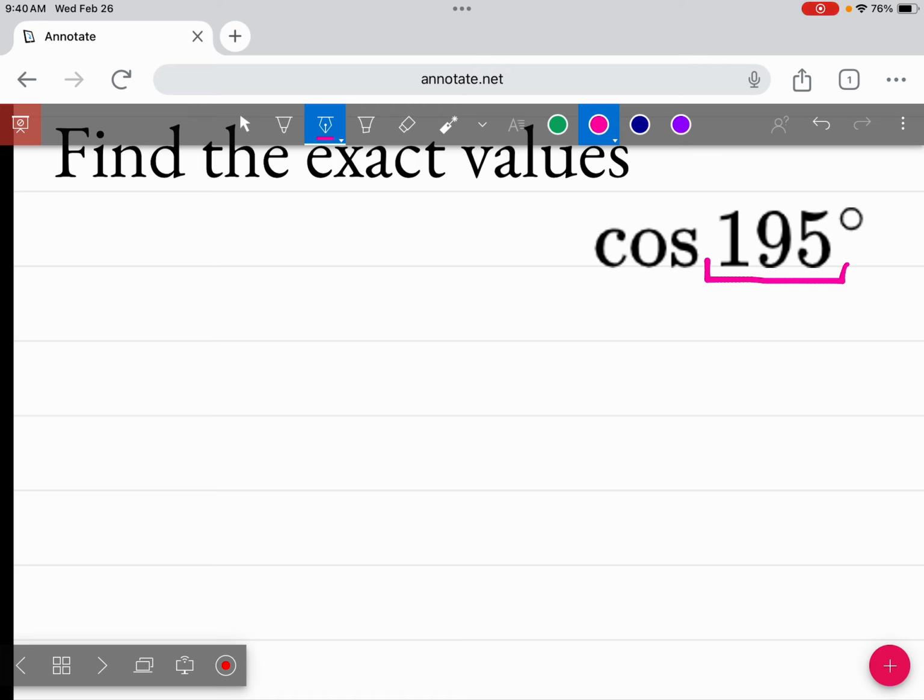Do 225 and 30, because it's not one I have, but that'll work. 240 minus 45 would also work. I had 150 plus 45, but the others would work. There's lots of options.